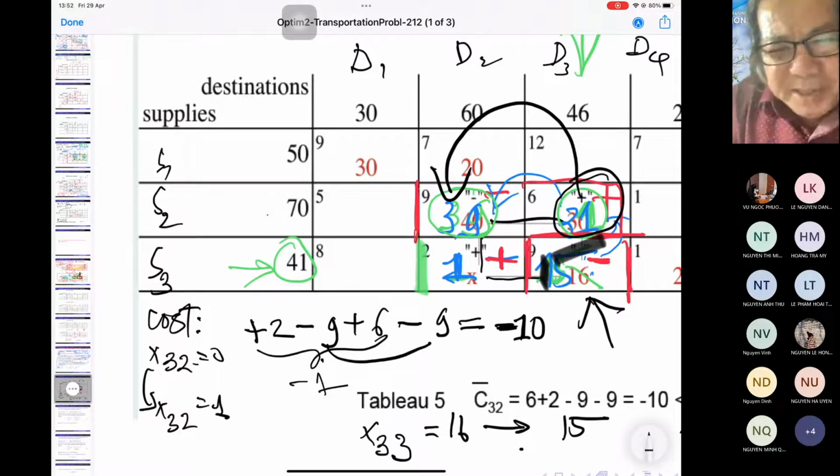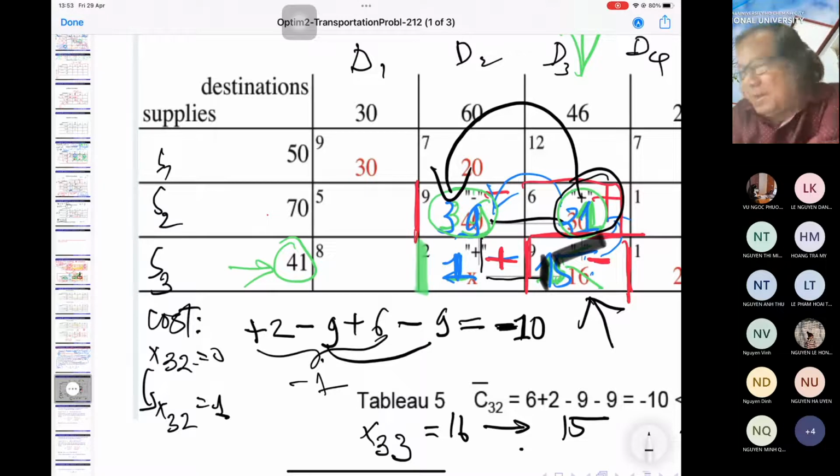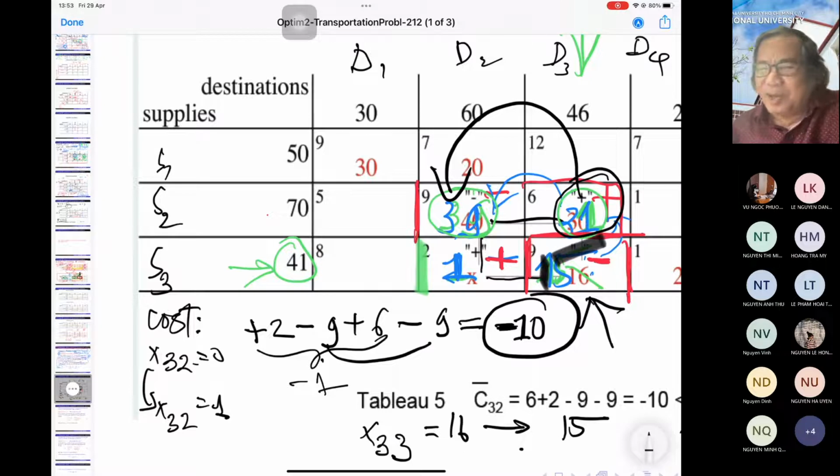It means that if you enter this cell into the set of selected cells and move 1 unit to this, then the cost will reduce by 10 or something like this. Is that okay? You understand?